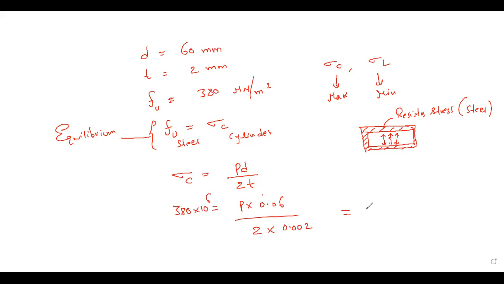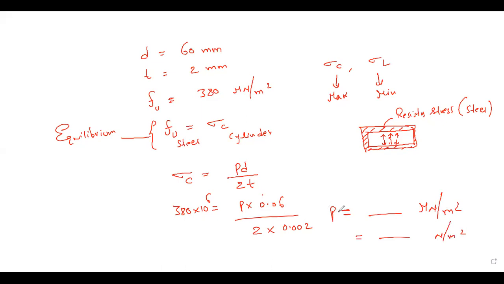What is your pressure here? What is the pressure? Anyone calculated? You can tell your pressure in meganewton per meter square, or you can tell it in newton per meter square. Anything is fine.